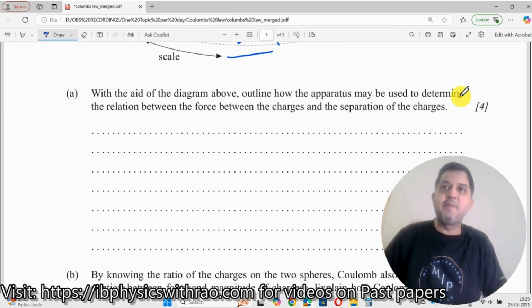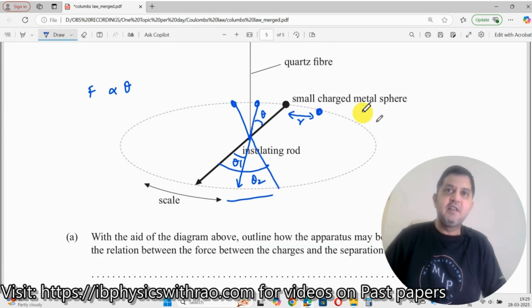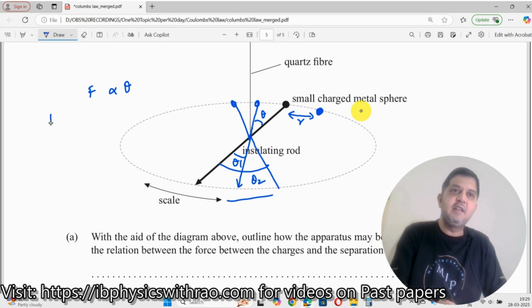Outline how the apparatus may be used to determine the relationship between force between the charges and separation of charges. Now what we have shown is that the larger the charge, at a given distance, the larger the force. We know F is directly proportional to Q, so if Q is larger, then theta is also larger. This is what we have seen.